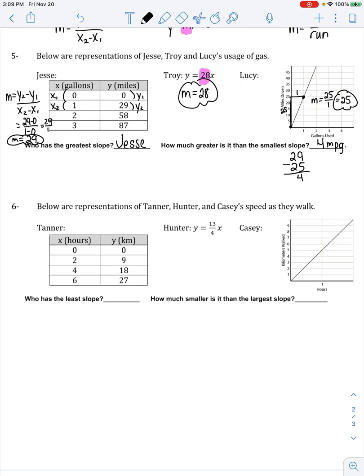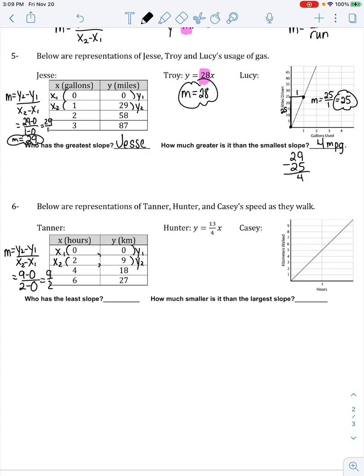So I noticed that Tanner has a table. So I'm going to use my first 2 points. So this is going to be x1, y1, x2, y2. And I plug that into my formula. y2 minus y1 over x2 minus x1. So y2 is 9 minus y1, which is 0. x2 is 2 minus x1, which is 0.